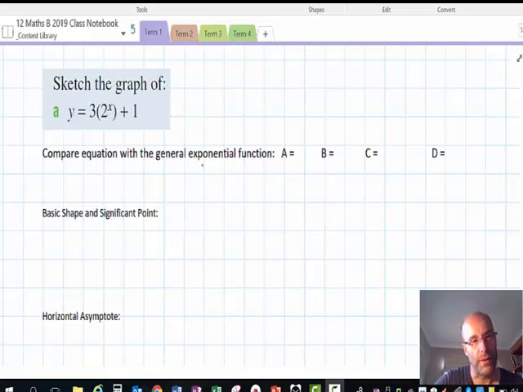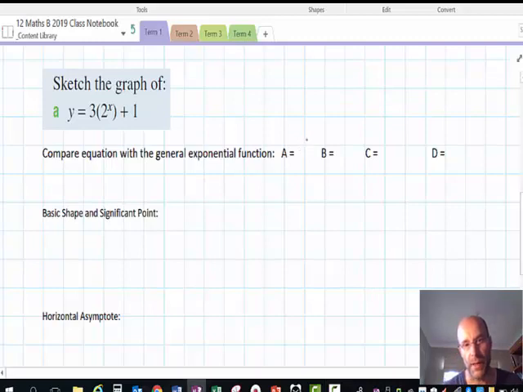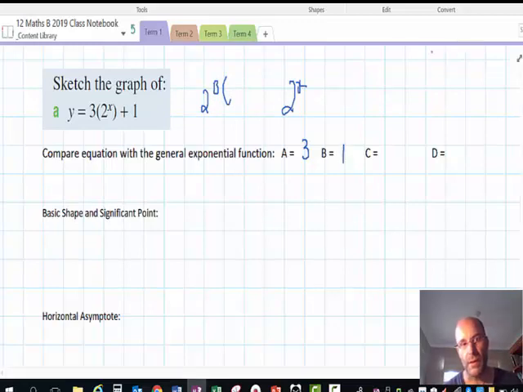First example is 3 times 2 to the power of x, plus 1. So the first thing we do is to compare the equation with the general exponential function, which we just saw. A in this case is 3, capital A, and B, well, let's have a close look at that. If we just get the power aspect of it, B would have been outside the brackets there. Now all we've got is just 2 to the x, so it's pretty obvious that B equals 1 here.